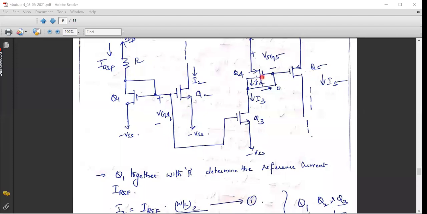The difference is that Q4 and Q5 are PMOS. You can see that the arrow is inverted. Unlike Q1, Q2, Q3, Q4 and Q5 are PMOS transistors. And you can see that the drain of Q3 is connected to the drain of Q4, which means that I3 is equal to I4.